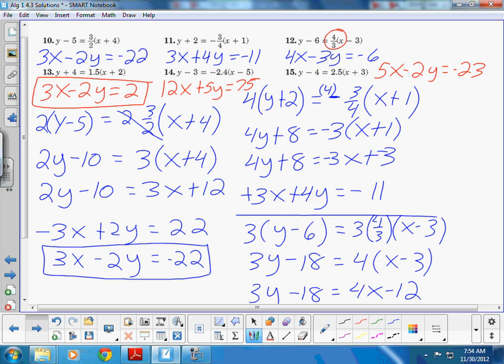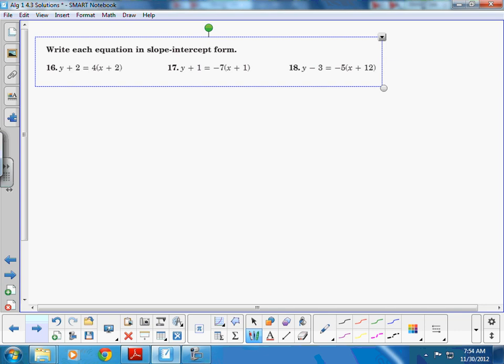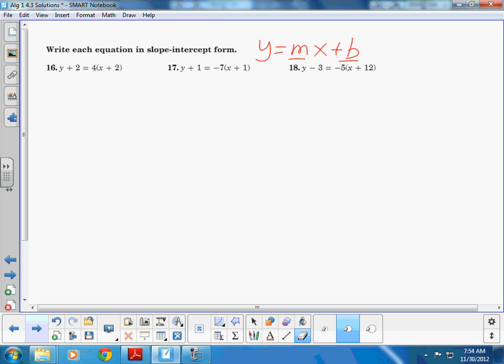All right, moving on. Now we're going to write each equation in slope-intercept form. And remember, slope-intercept form is y equals mx plus b. Let's do the answers first.